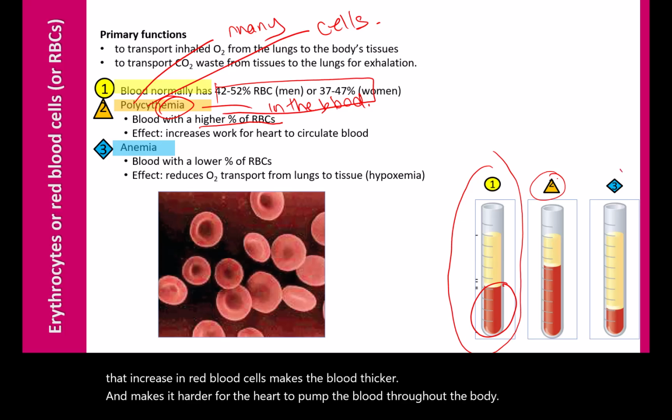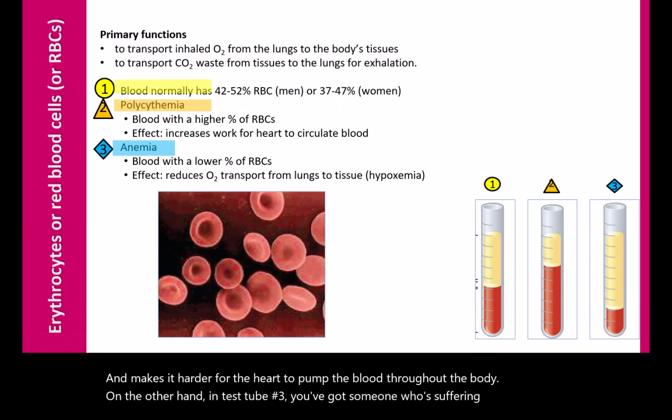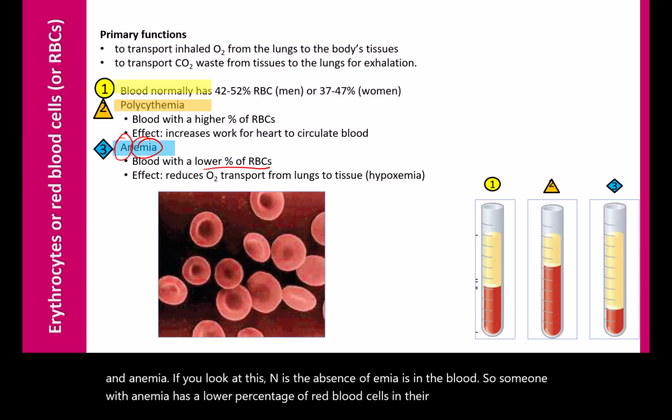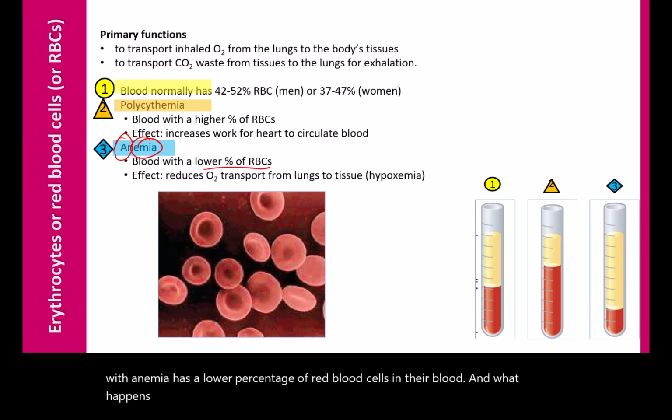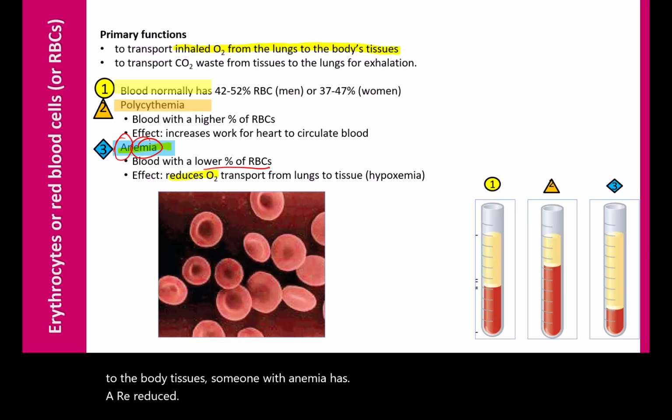On the other hand, in test tube number 3, you've got someone who's suffering from anemia. And anemia, if you look at this, an is the absence of, emia is in the blood. So someone with anemia has a lower percentage of red blood cells in their blood. And what happens is, because the major function of blood is to transport oxygen from the lungs to the body tissues, someone with anemia has a reduced oxygen transport from the lungs to the tissue.